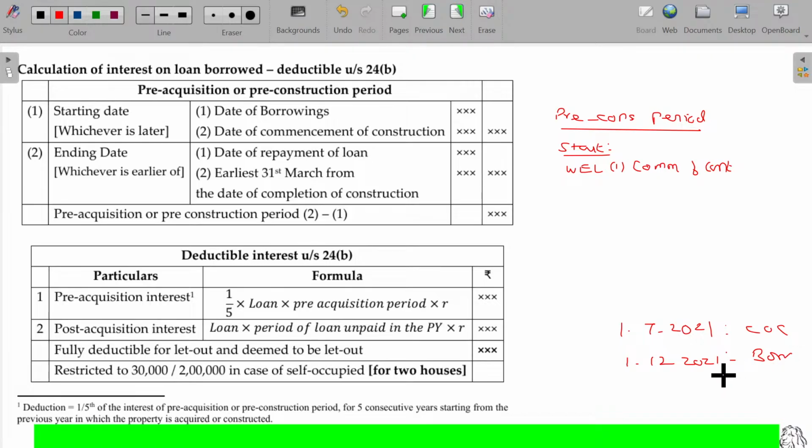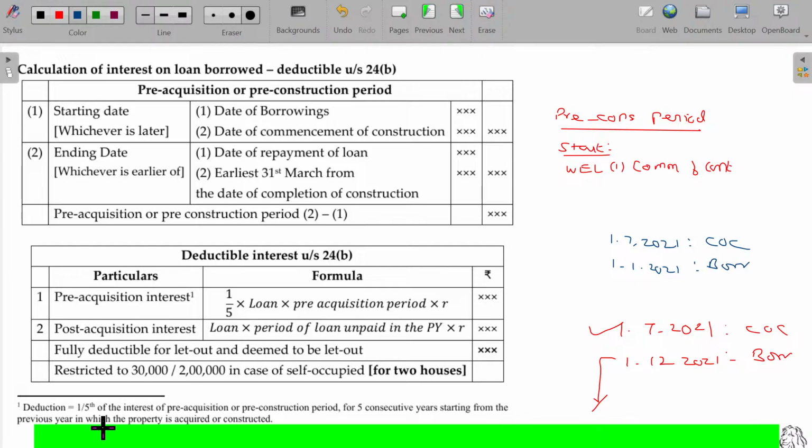Now, what could be the starting period for the pre-construction period? Can you guess? If you take 1/7/21, of course construction started by then, but there is no borrowing, there is no interest. Interest payment starts only from this date. Is that okay? So the pre-construction period starts whichever is later of commencement of construction or date of borrowing. Why is that? It is whichever is later. What happens in this scenario? 1/7/2021 is commencement of construction, borrowing date being 1/1/2021.